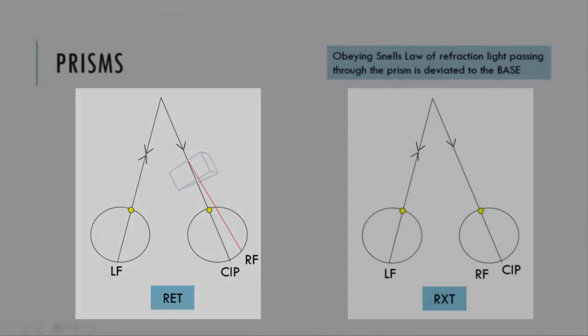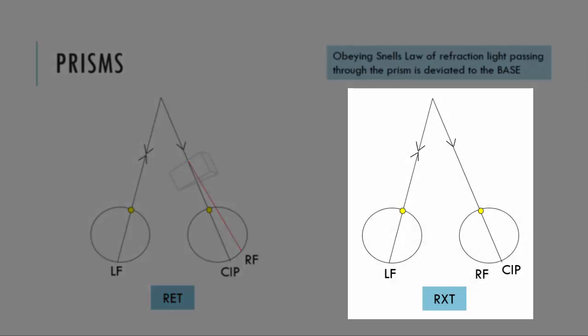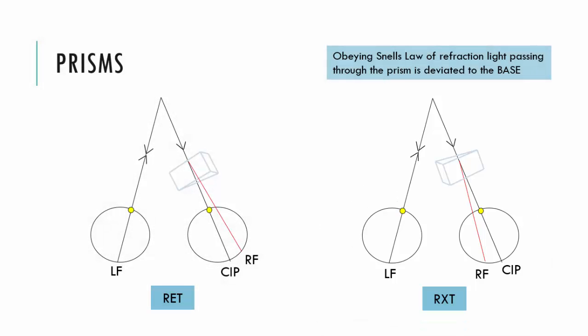Let's look at another example, an exodeviation. In this instance, the contralateral image point is on temporal retina. And what we need is a base-in prism so that the light can bend towards the fovea. So in essence what we're doing is we need the base of the prism to allow the light to bend towards the fovea in all instances.